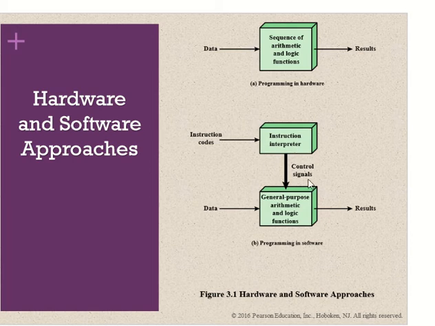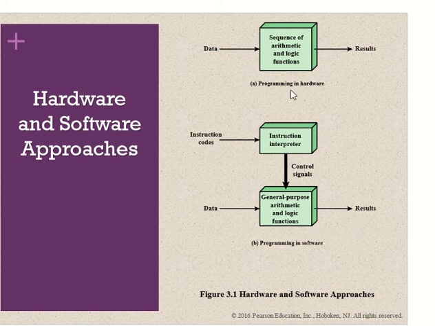Based on that, the general purpose arithmetic and logic function will perform the operation based on the control signal. If it is an add instruction, the control signal will tell the ALU to do the addition. If it is a multiply, based on the control signal, the ALU will perform the required operation. So the data is given to the ALU, and based on the control signal, it performs the operation and produces the result. This is programming in software.